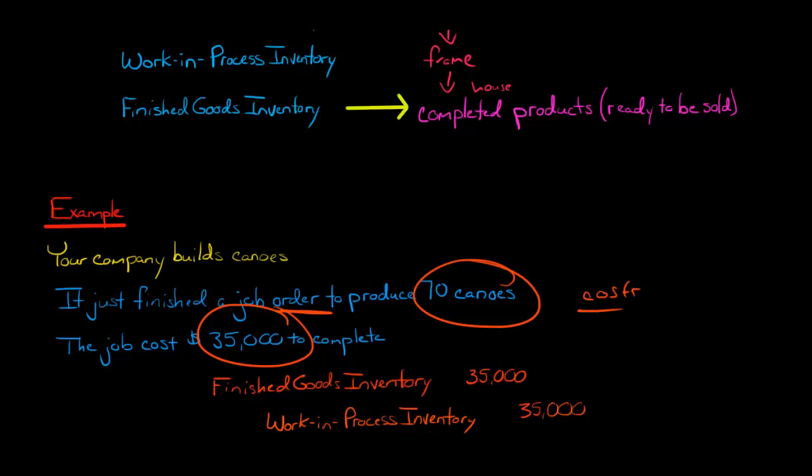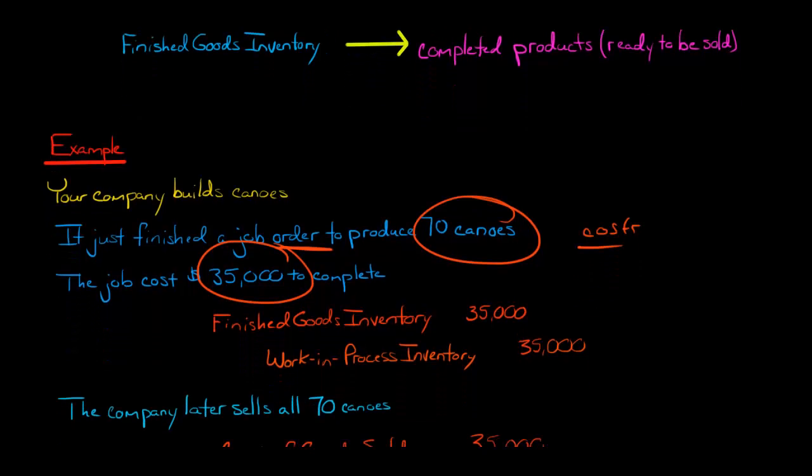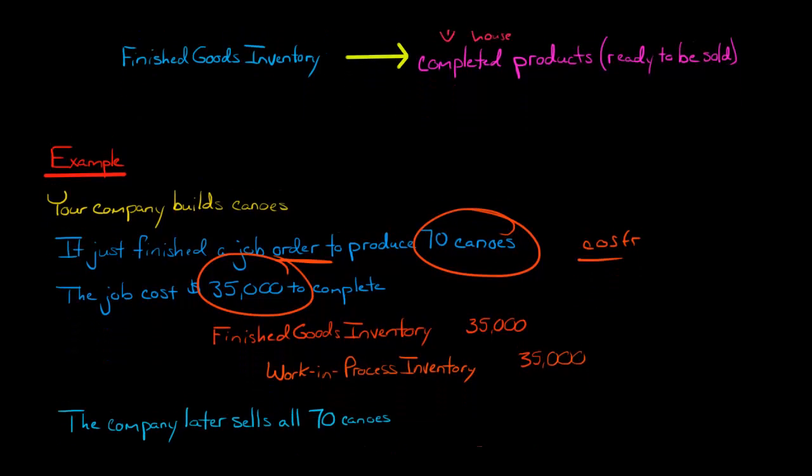But now that the canoes are no longer being processed because they've been completed, they've been finished, you're going to debit finished goods inventory. So you're going to increase finished goods inventory for $35,000, but then you need to decrease work in process inventory to show that, okay, look, this inventory is no longer being processed. It's now ready for sale. Okay, so you're really just transferring it from one inventory account to another.